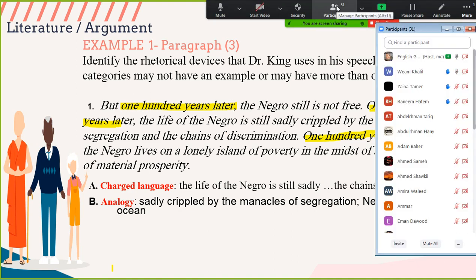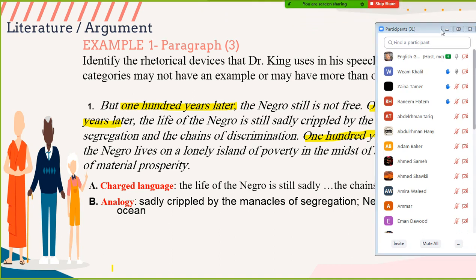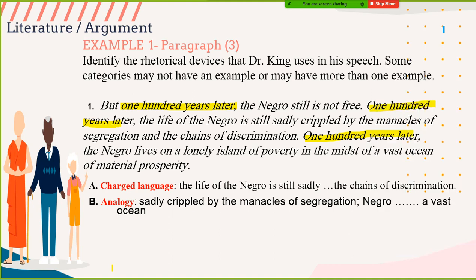Okay, I don't know. Okay, let's stop. Let's listen to Zena. Do you have an answer? Thank you. Yes. By the manacles of segregation and the chains of discrimination. Yeah, they are two nouns. Yes, that's right. We have the manacles of segregation. This is the part, and the repeated structure is the chains of discrimination. Where is the parallelism here?